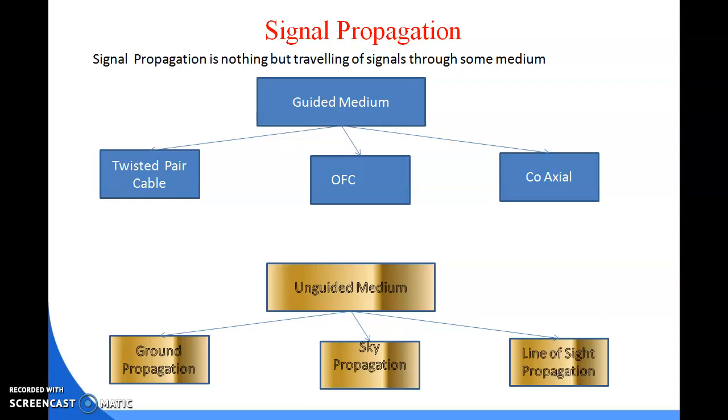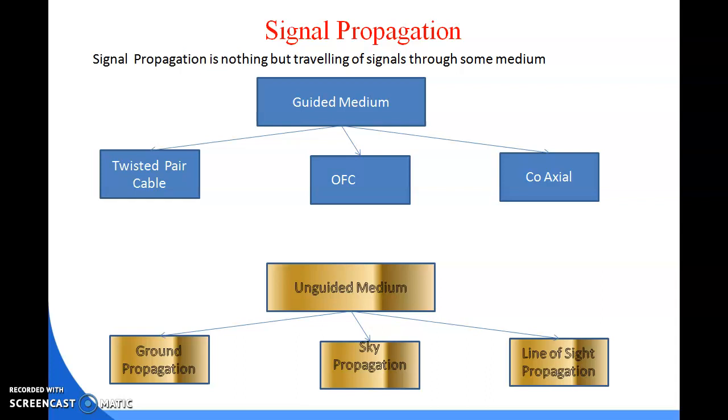So the electromagnetic spectrum classifies electromagnetic energy according to frequency, and signal propagation is nothing but traveling of signals through some mediums, in case of both wired and wireless networks. The transmission media is of two types, again I'm repeating: guided and unguided mediums.